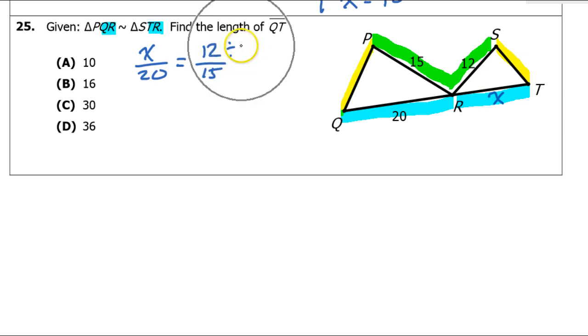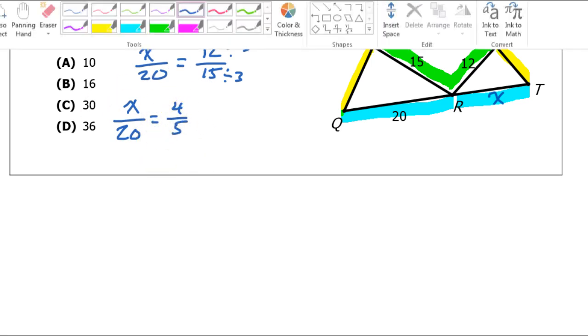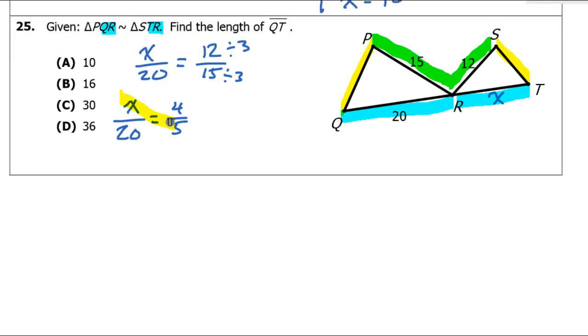Both of these are divisible by 3, so I'm going to reduce that to 4 over 5. Now I will cross multiply. Looking at this diagonal, that's 5x. And looking at this diagonal, that's 80.